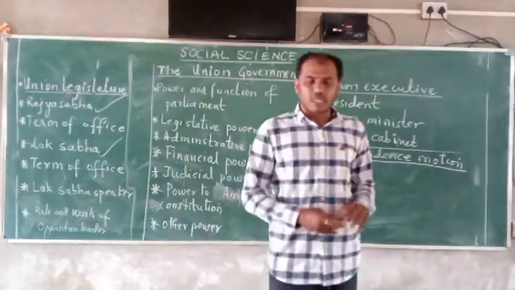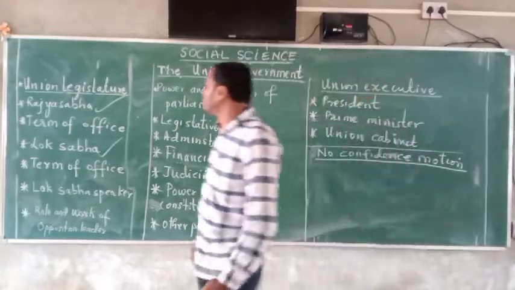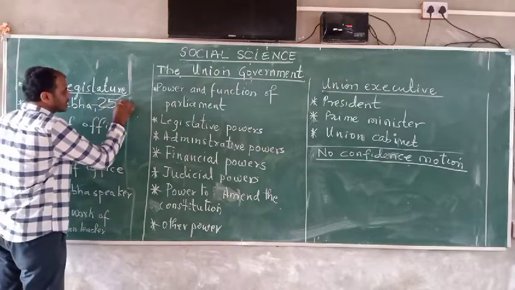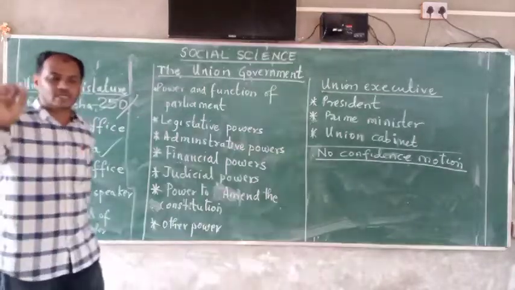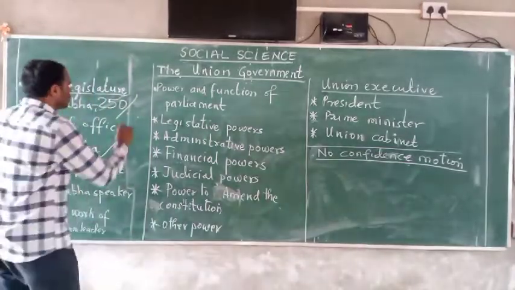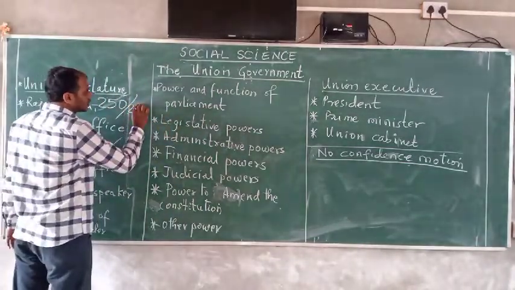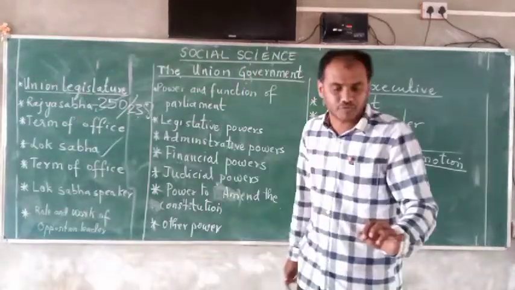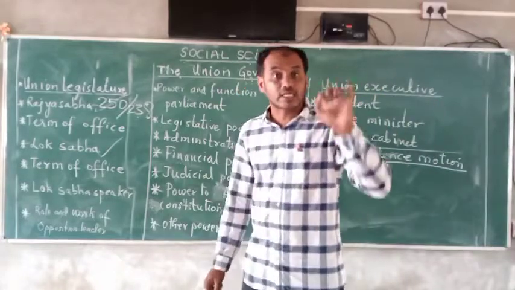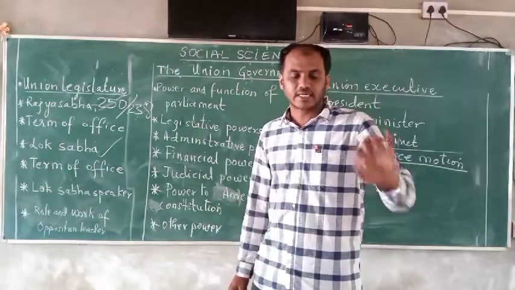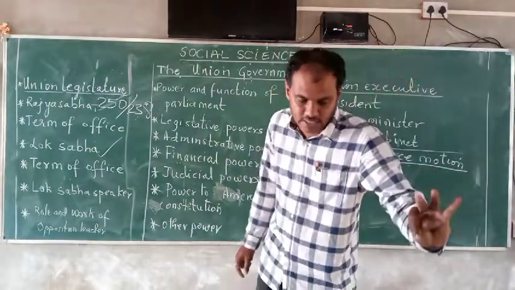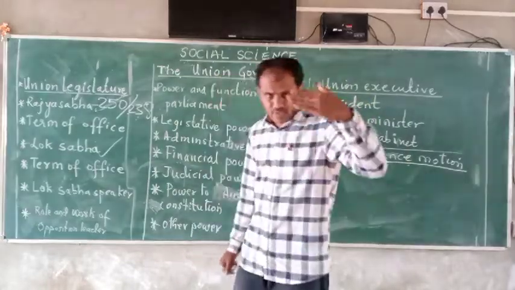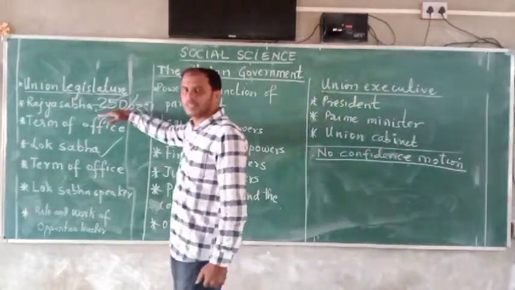The number of seats in Rajya Sabha is 250.